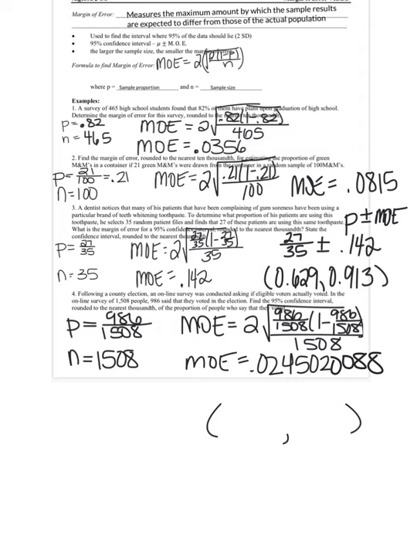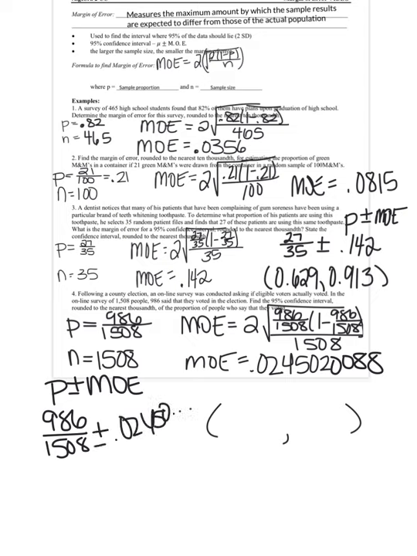So now to find the confidence interval, again, the confidence interval is going to be your proportion plus and minus the margin of error. So you're going to do 986 out of 1,508 plus and minus that 0.02450 number. Again, this is kind of like back when we were doing half-life and compound interest.